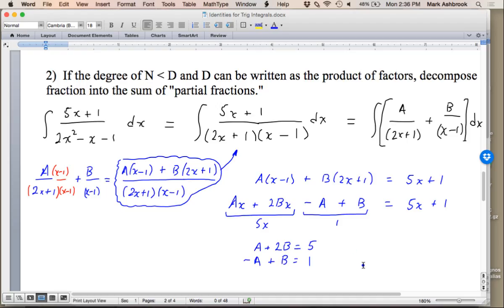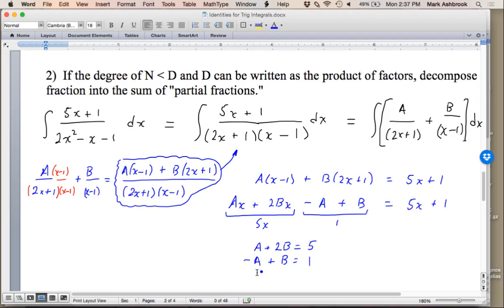And so now I've got two equations and two variables, capital A and B. And so from here, any way that you have learned to solve something like that is legitimate. There's substitution, elimination, matrix method, whatever means you've learned that you're most comfortable with.